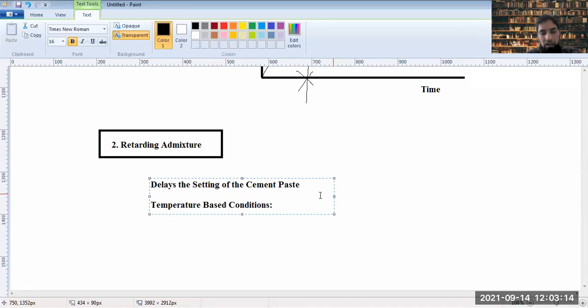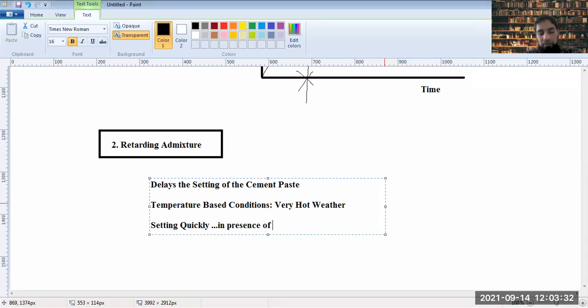For example, you have very hot weather. Now, in very hot weather, if setting is happening quickly in the presence of water, what will happen?